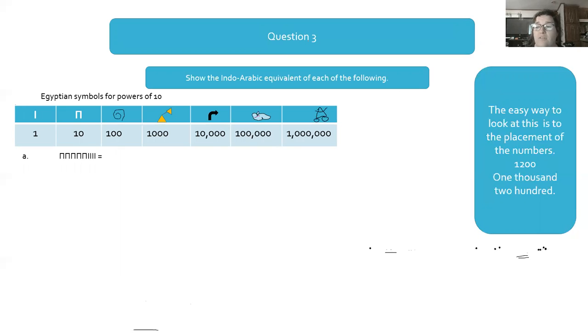You have 1,200. So if you look over here in your squares, you have ones, tens, hundreds, thousands, 10,000s, 100,000s, millions. And these are Egyptian symbols of powers of 10. So it'd be like 1, 10, 100, 1,000, and you keep going.